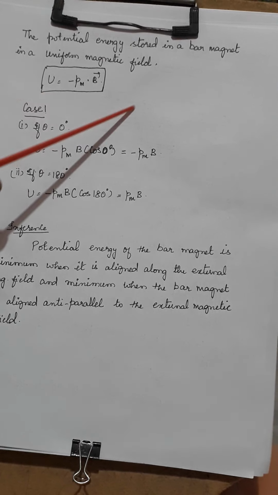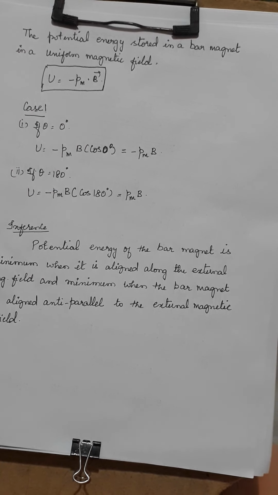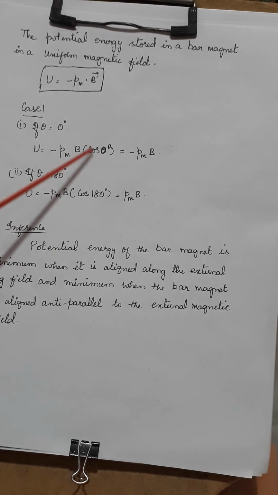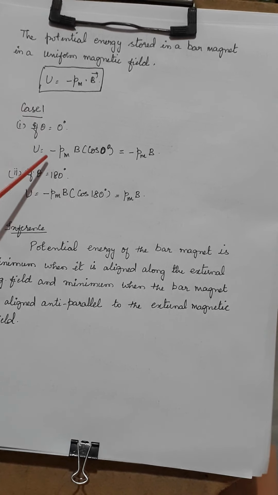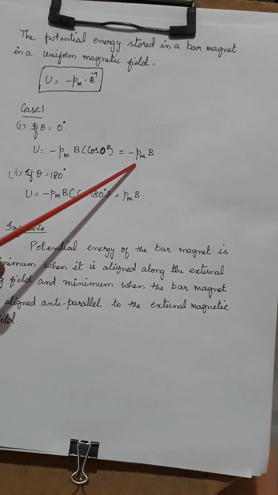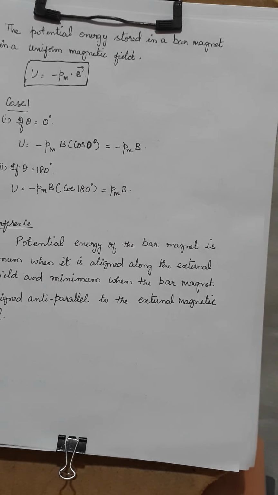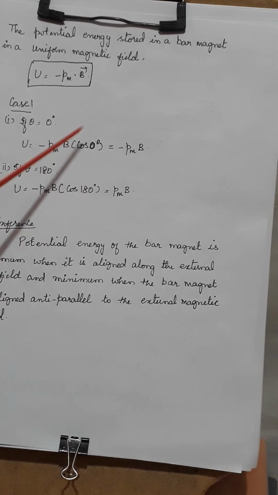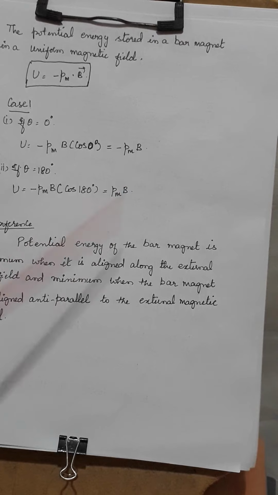This is what you get as the U value. Now consider theta to be 0 degrees, then cos 0 is 1, so you get minus Pm B, a negative maximum. Then theta equal to 180, cos 180 is minus 1, so minus into minus becomes plus, a positive maximum.